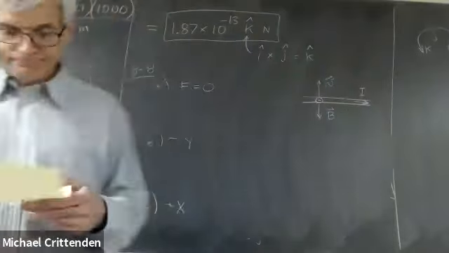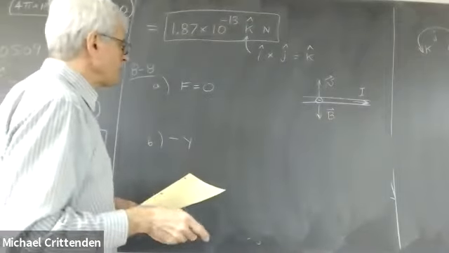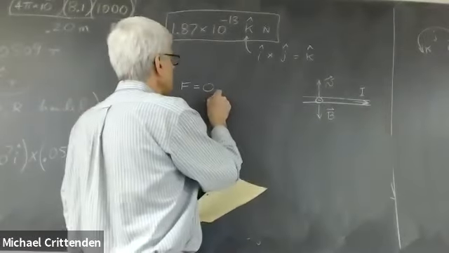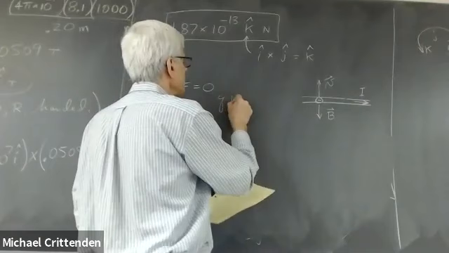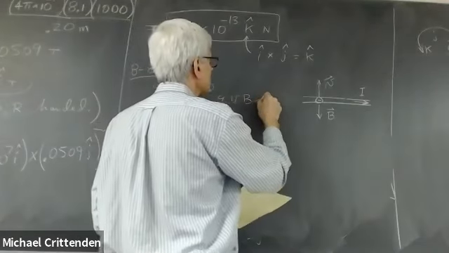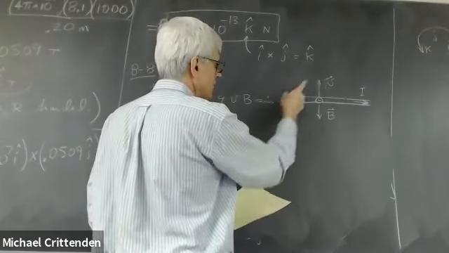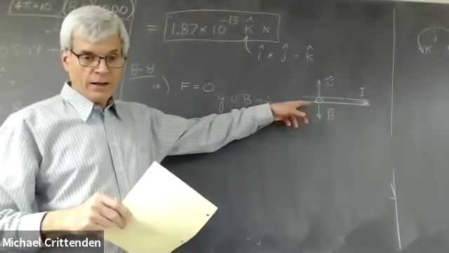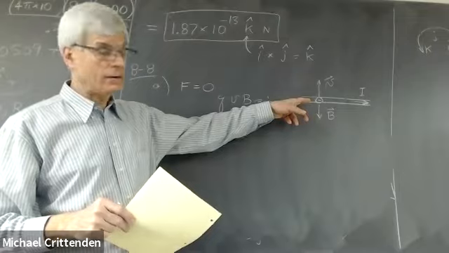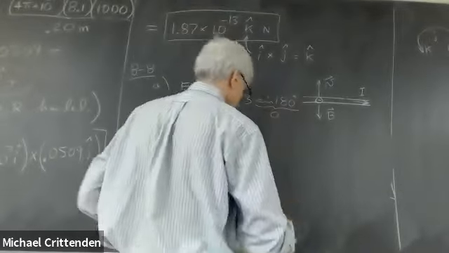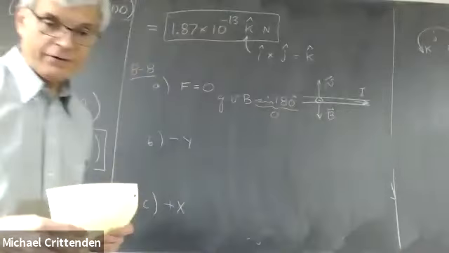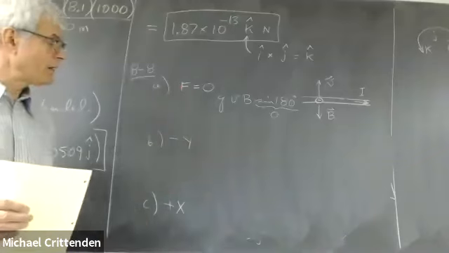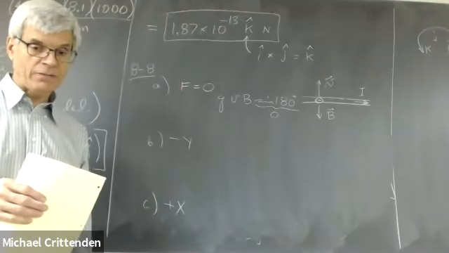Well, QV cross B, that means QVB sine of the angle. These two arrows, when you stick them together, they make a 180-degree angle. So the sine factor kills it off. You don't have to worry about any of the rest of it because it's all multiplied by 0.